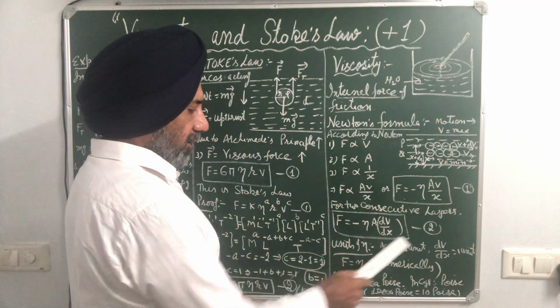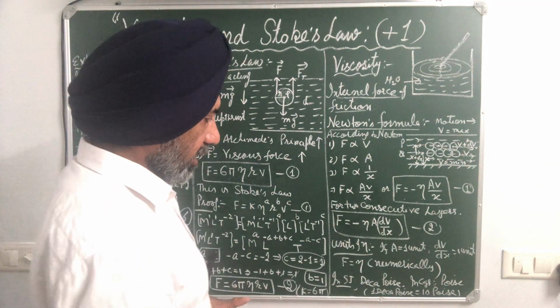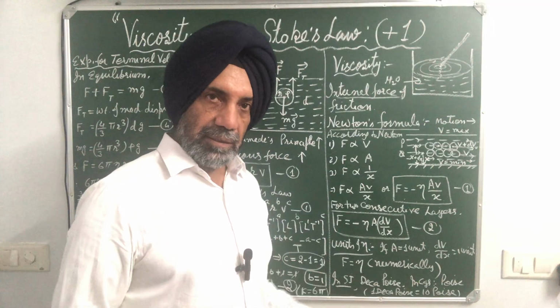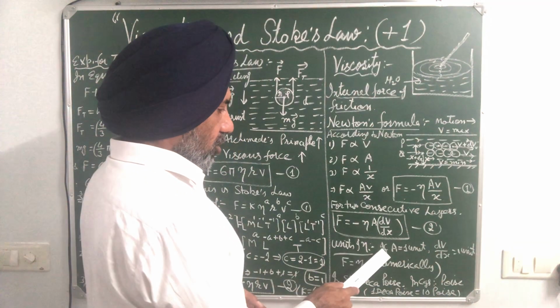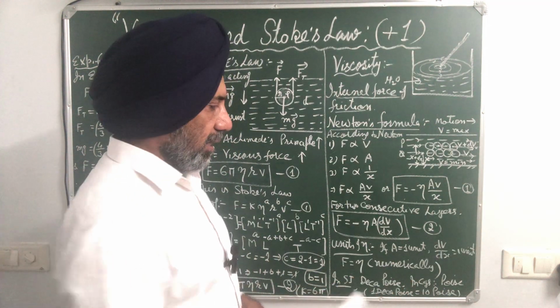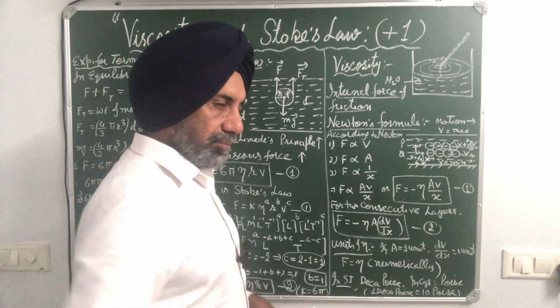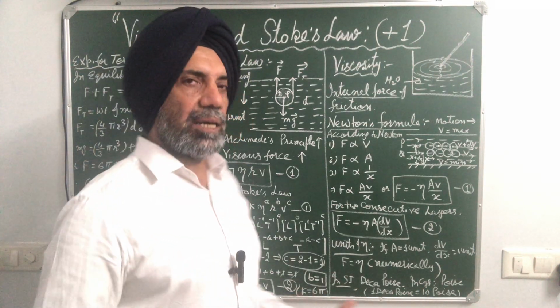Now from this we can define the units of eta, or we can define the coefficient of viscosity. If A is equal to 1 unit and dv/dx is equal to 1 unit, then F will be equal to eta numerically.